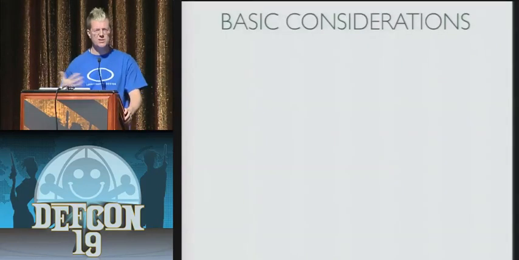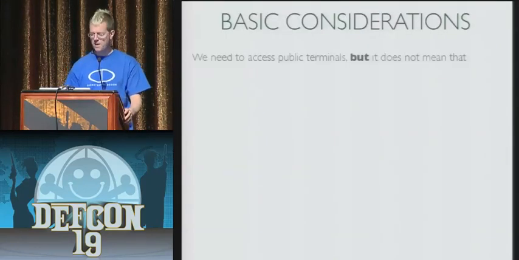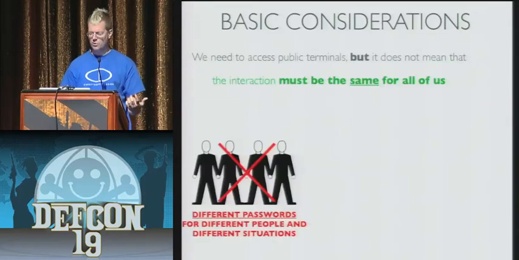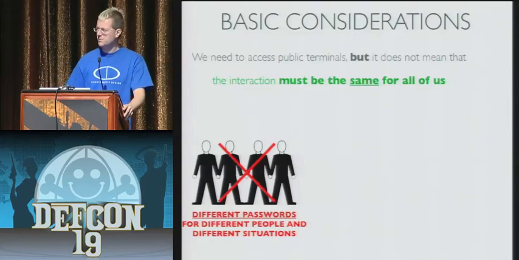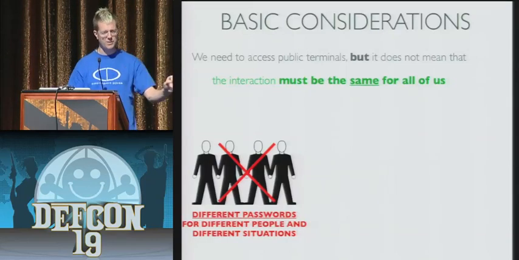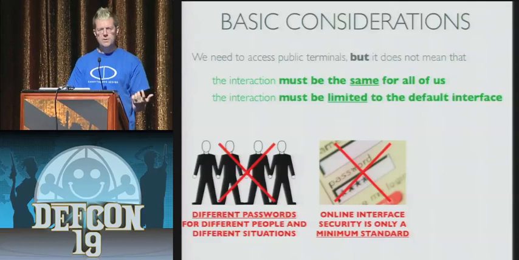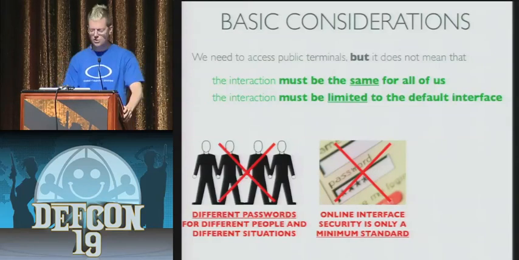So here are the basic considerations of the stuff that we've been looking at. We accept the need to use public terminals. It's not going to go away. But it doesn't mean that we all have to do it the same way. So we want to be able to mix up password entry mechanisms to make the system less of a monoculture and less easy for one attack to get everything. Doesn't mean we have to use the interface we're given. So we want to give users the power to improve their own interface security, not just be dependent on whatever the organization offers.